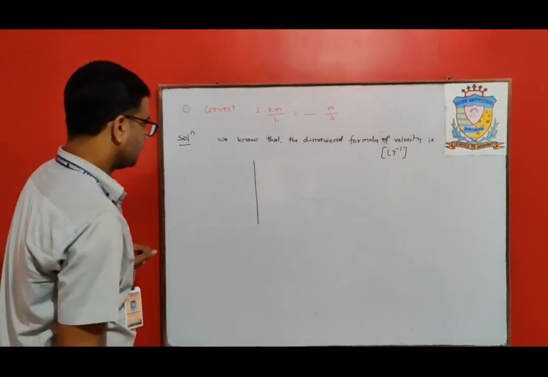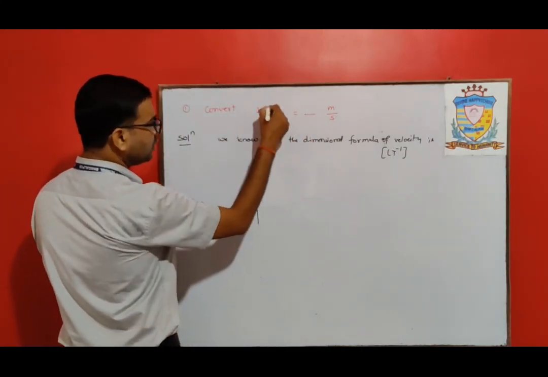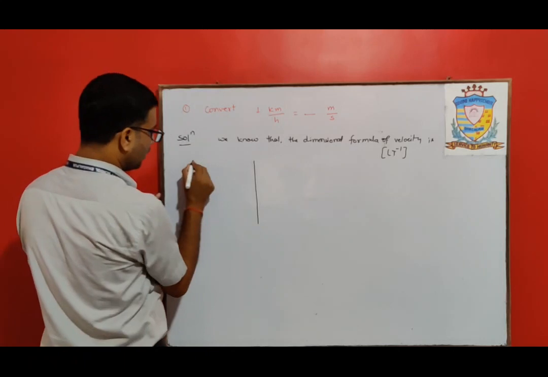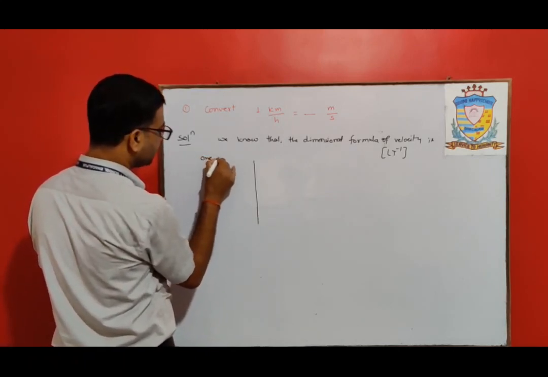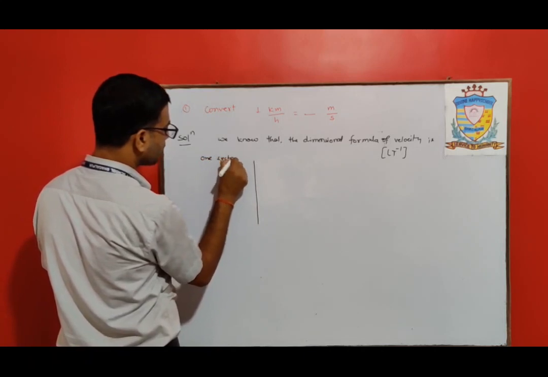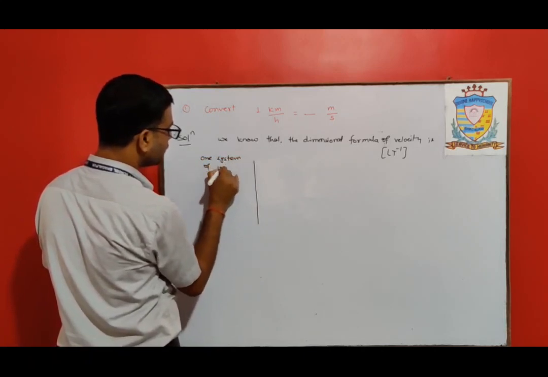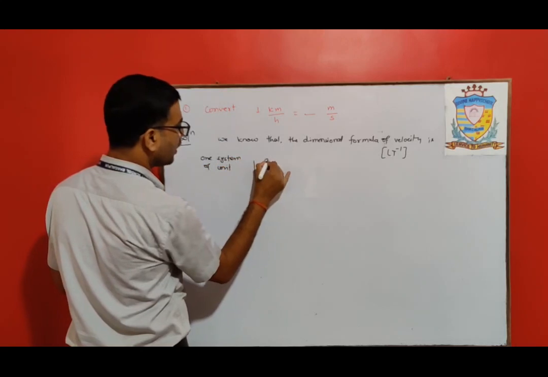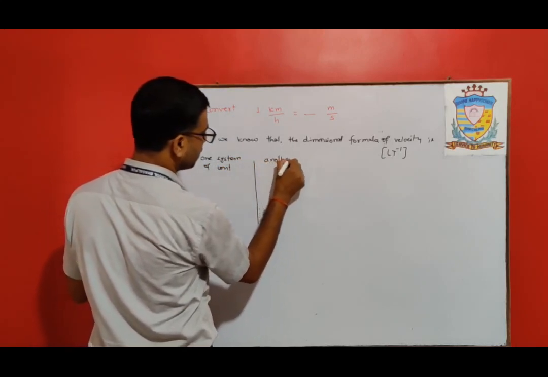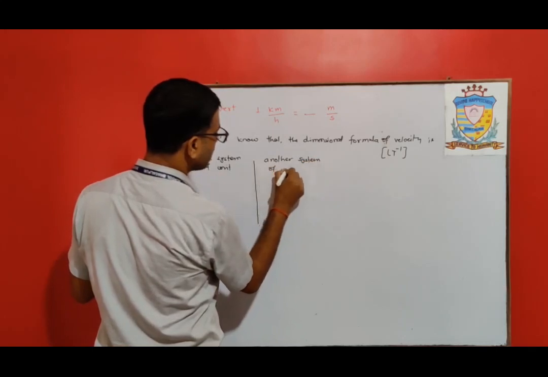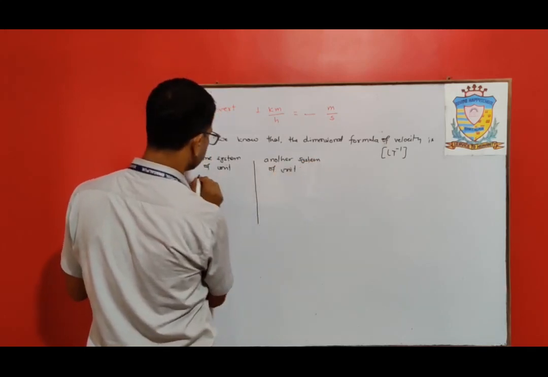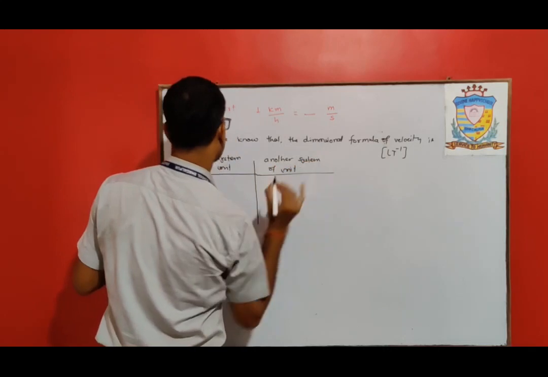Clear? So for kilometer per hour, we simply put one system of unit here and another system of unit there.